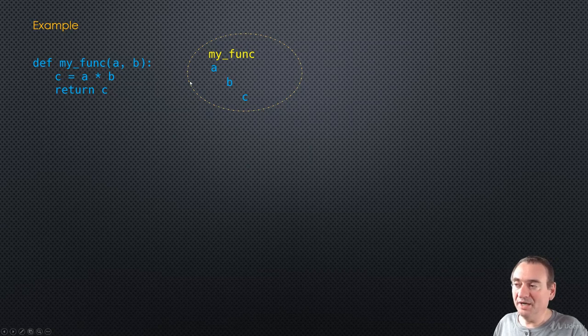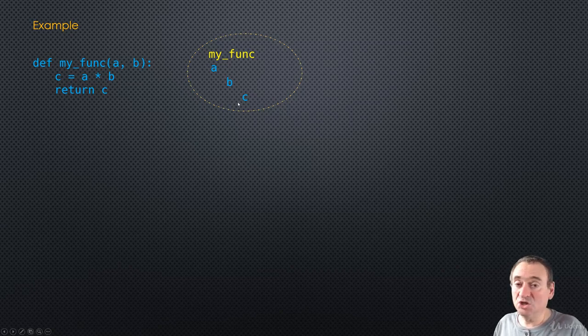So when Python looks at this at compile time, and this is really important now to differentiate between compile time and runtime, because at compile time, when Python encounters this piece of code, it makes some determinations. It looks at everything in here, and it says, okay, so for myfunc, a, b, and c are going to be local variables.